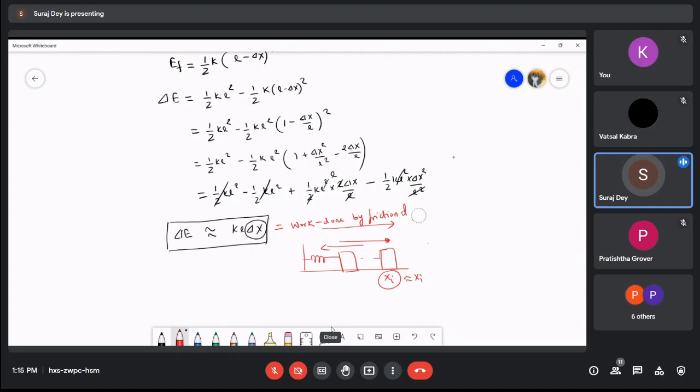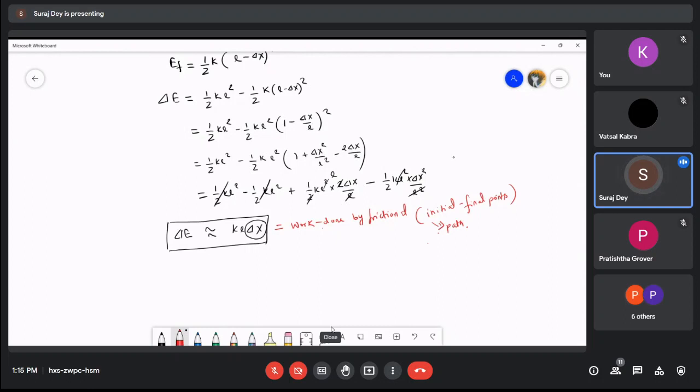But friction is a non-conservative force, and so the work done by friction does not only depend on the initial and the final points. Rather, as we have seen in the first half of the discussion, it depends on the path taken.